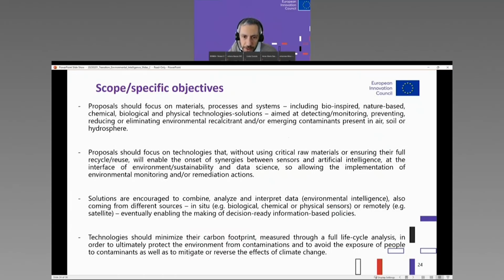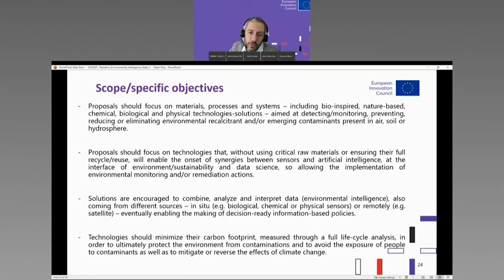That's the sentence where you have to understand if your technology is included. That's a challenge. And obviously, this challenge has got some boundary conditions. We want these sensors to avoid the use of critical raw materials or ensure their circularity, so that we can imagine to have the onset of the synergies between, on one side, the sensors that get the data and the elaboration of the data, also thanks to the artificial intelligence.